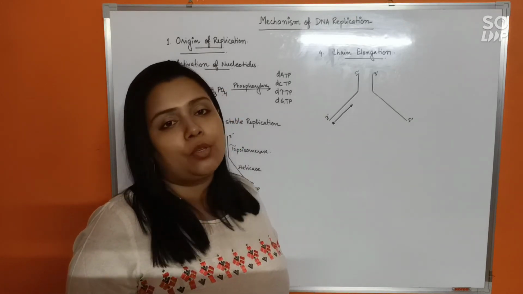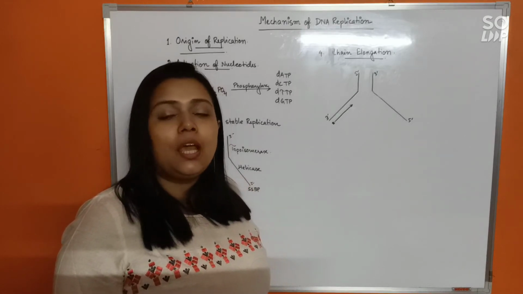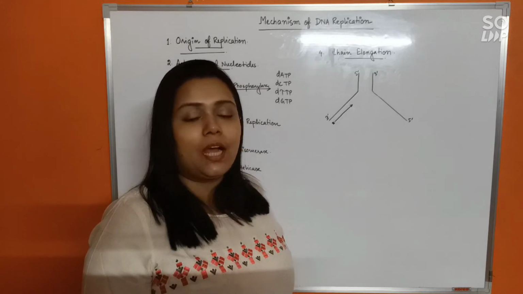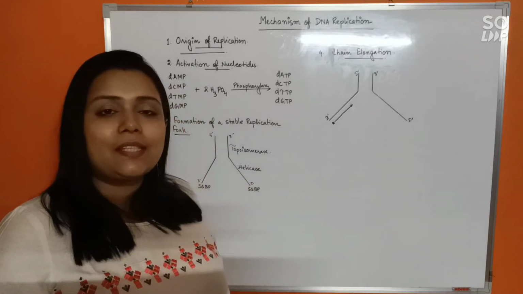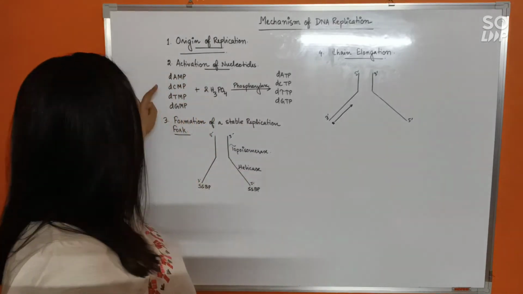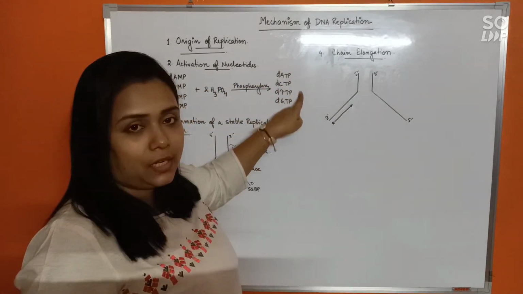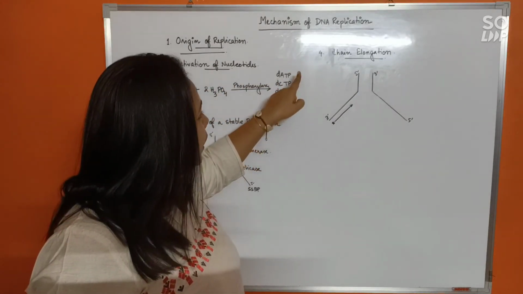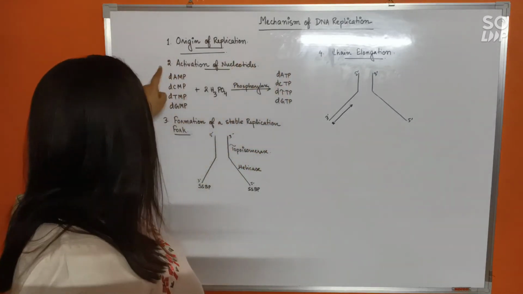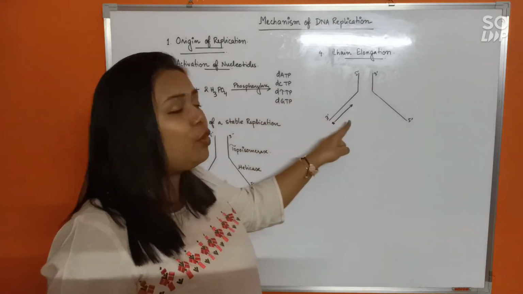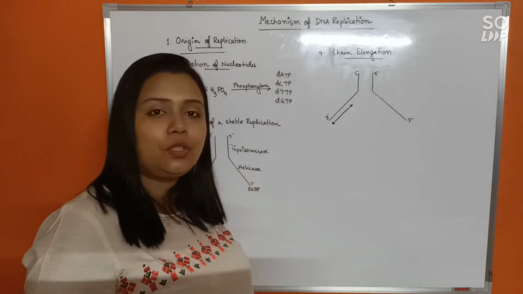Chain elongation requires energy, and for that reason these two phosphate bonds have to be cleaved. Understood? So that's the reason why at first we had the triphosphate state, so that when the triphosphate is converted back to monophosphate, the energy released will be used for chain elongation. Understood this?